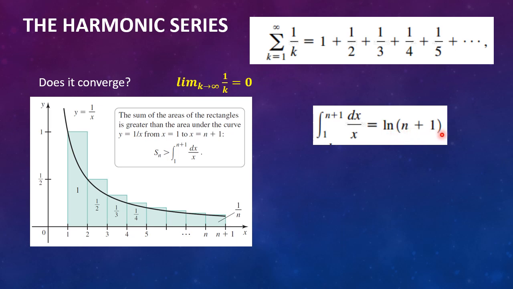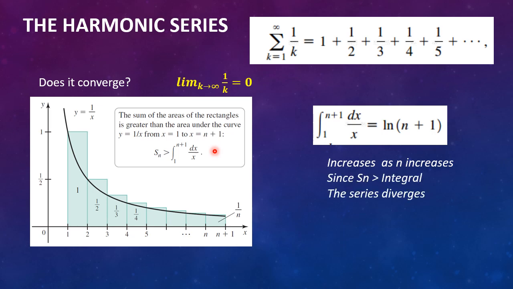When n is 1, we get the natural log of 2. When n is 10, the natural log of 11. When n is infinity, we get the natural log of infinity. So it increases without bound. But we know that the Riemann sum is greater than the integral, so we know that the series diverges as well.